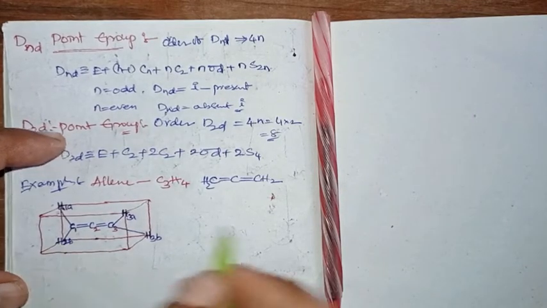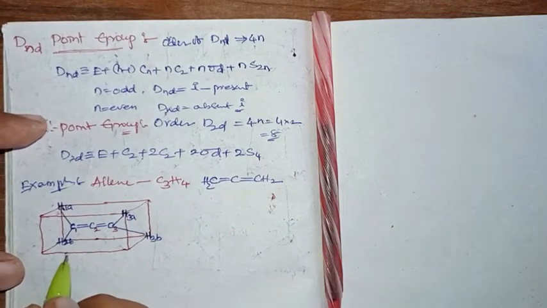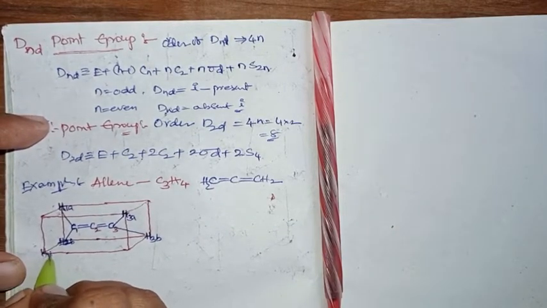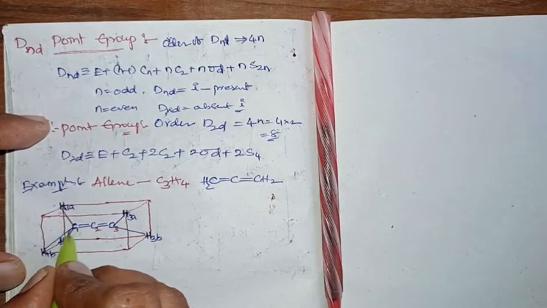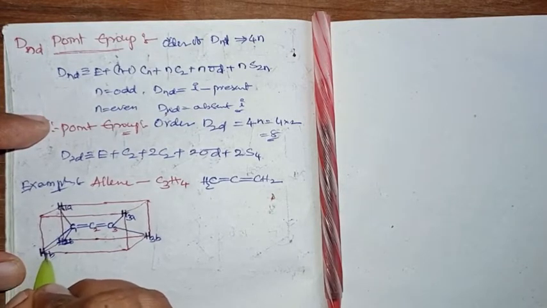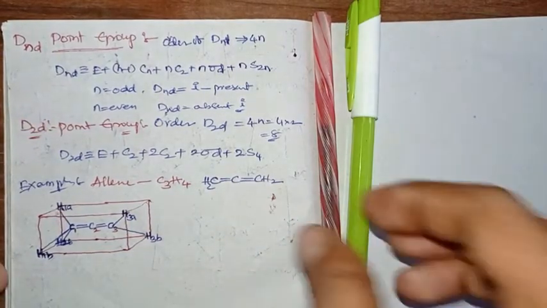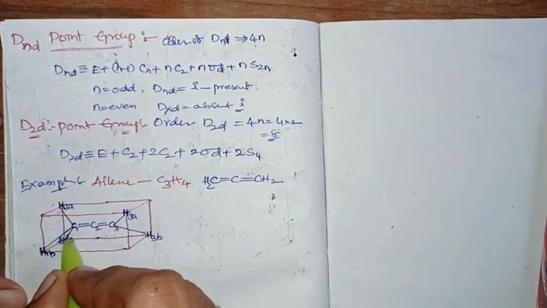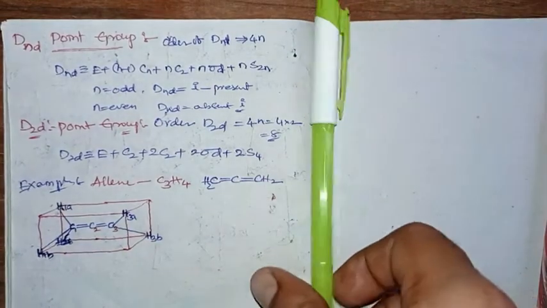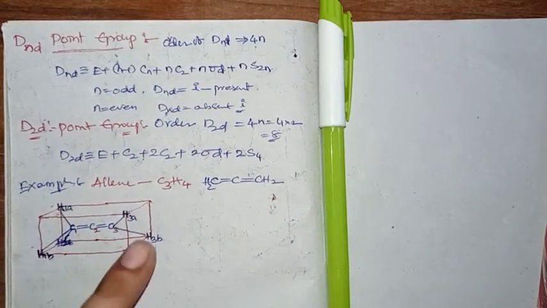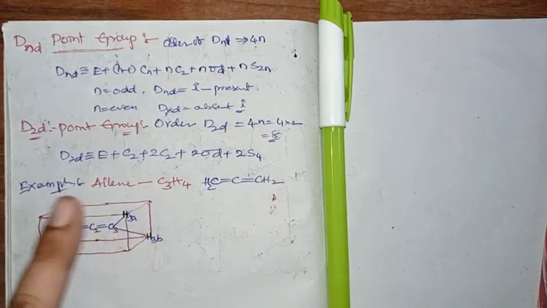Sorry, here will be H1B, here it is. So that's how the bonding is. The alternative corners of the cube are occupied by the hydrogens.